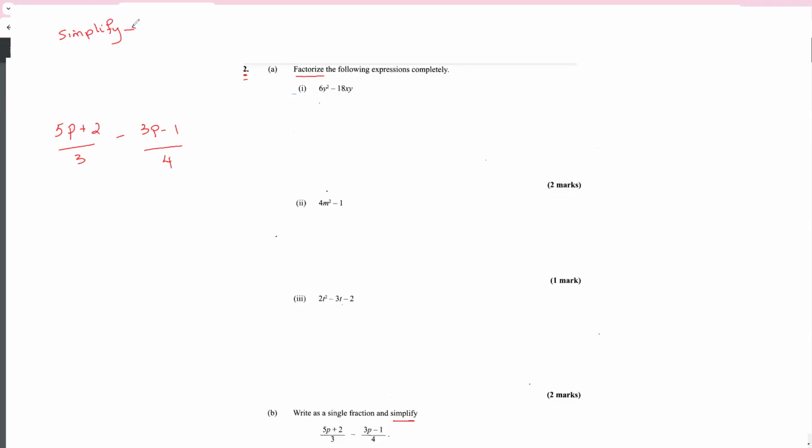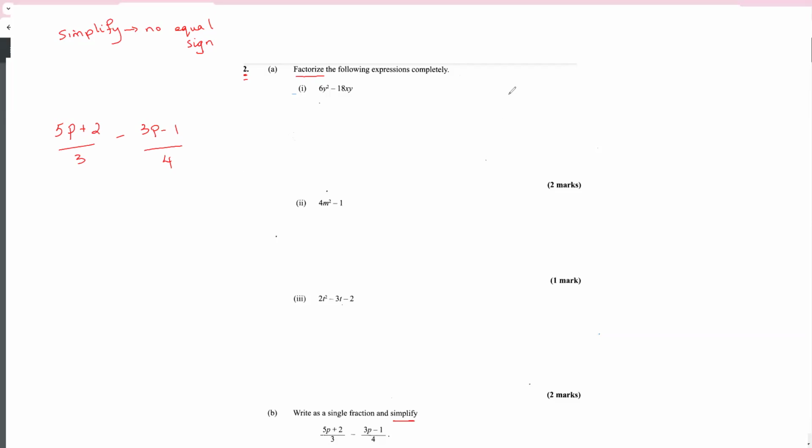So anytime you're simplifying, it means that we are simplifying expressions, which means no equal sign is given. If we have an equation and there is an equal sign, then we solve it. So they told us to simplify this and write it as a single fraction.